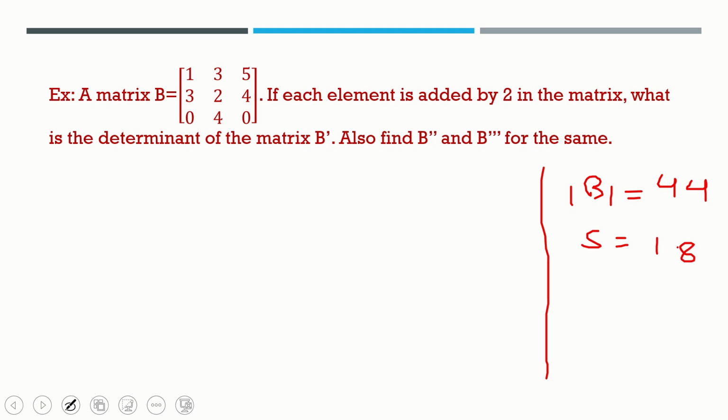Okay, so what we do now, use the formula. Here it is B, so I am writing B dash.